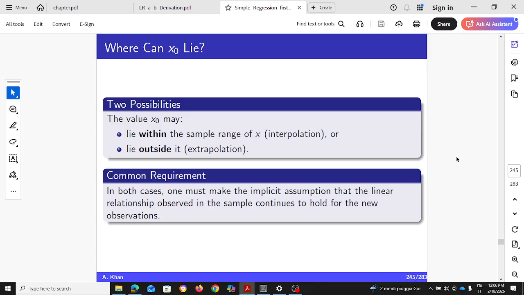The value of x naught, the new value, can lie within the range of the data we have collected before, or it could be outside of the range. In both cases we should be very careful about this new value, so it should respect all the assumptions we stated before for our data.